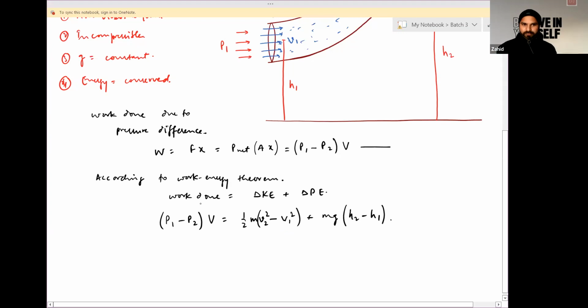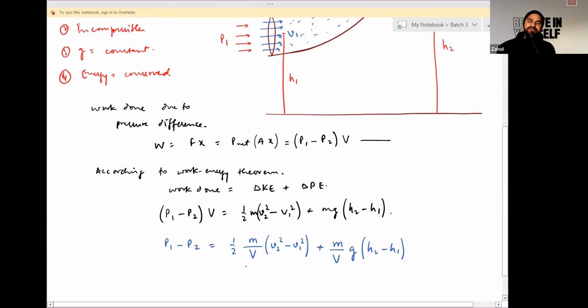Then I have put the value of each term respectively. Now move this volume to the right side. So you'll get P1 minus P2 equals half mass divided by volume, (V2 square minus V1 square), plus mass divided by volume times gravity, (H2 minus H1).